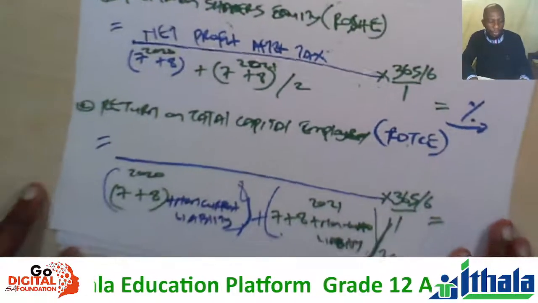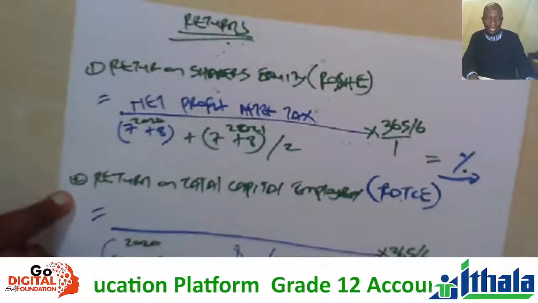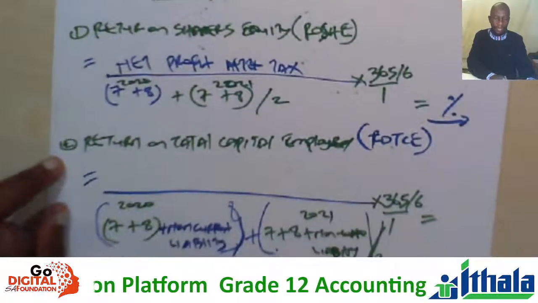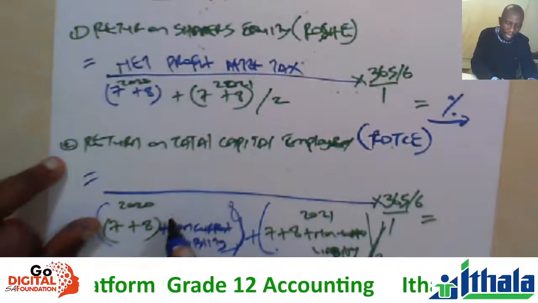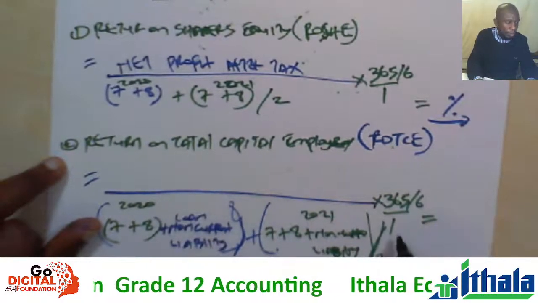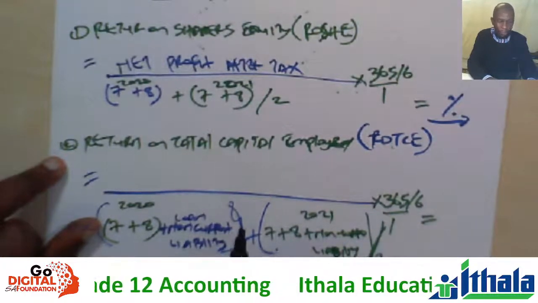And then let's go to the second ratio, still on the returns, right? To our iROIs. Sithe lapha you can see ukuthi into ehlukayo laphana si add yini. Normally in non-current liability kusuke kuyi loan or mortgage bond, right? So we loan most of the time.